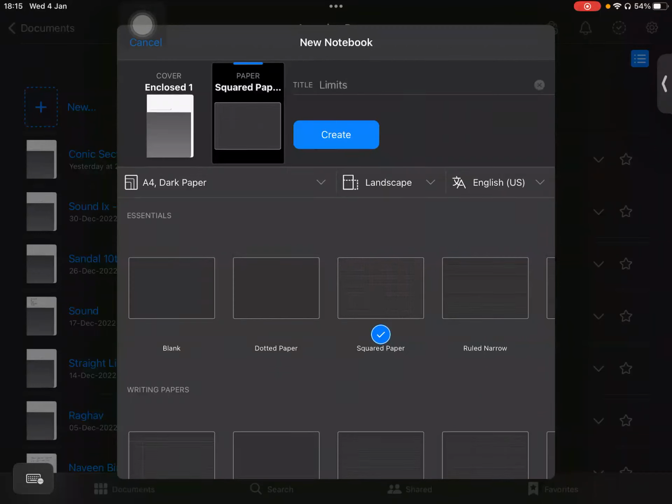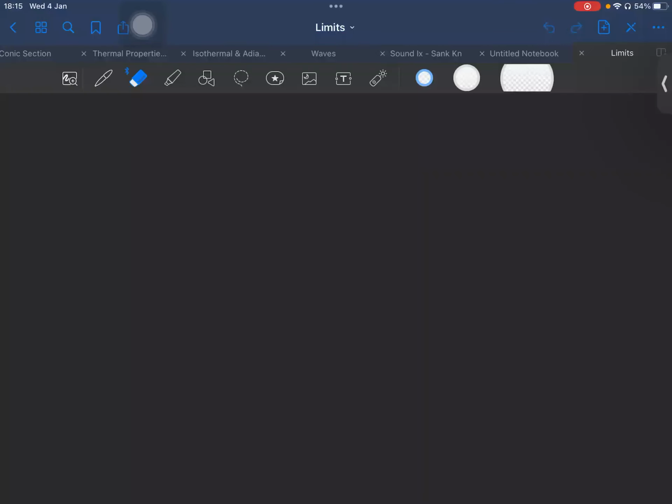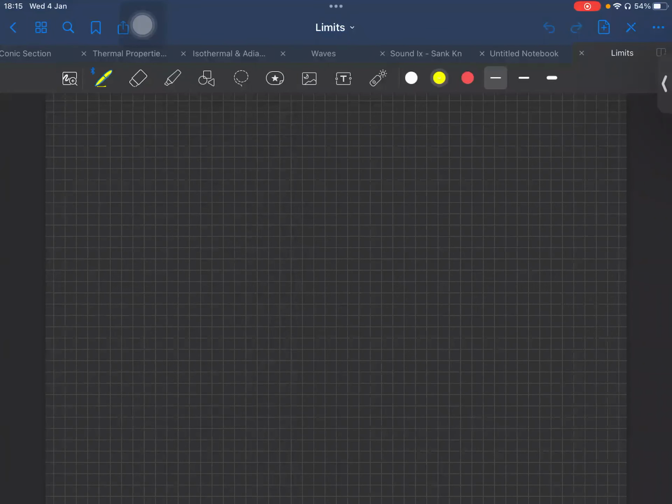Limits and derivatives. First we'll have an idea of limit. Hopefully this chapter has been completed in school as well. We'll try to understand the meaning of limits and derivatives.